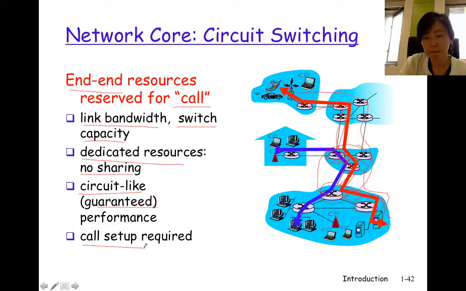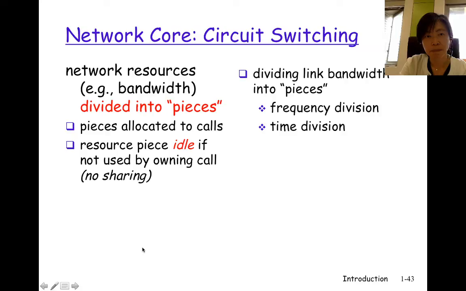And that's why when you make a wired phone call or cellular phone call, you dial. The dialing is actually pretty fast. The waiting sound there is also to wait for your friend to respond. But there's a certain delay definitely, and that is called the call setup time. All right.